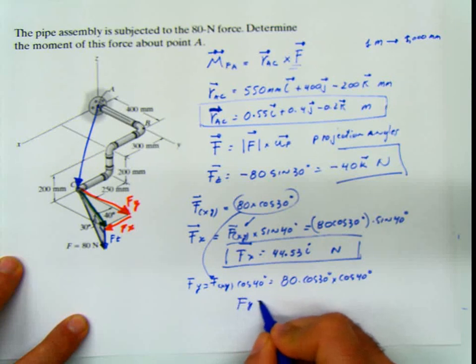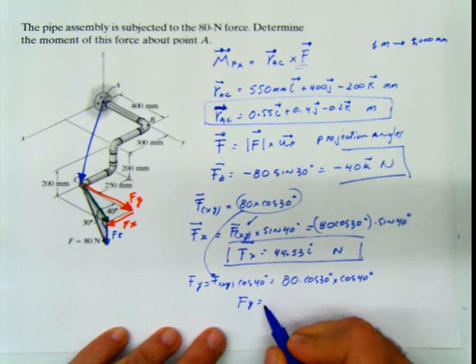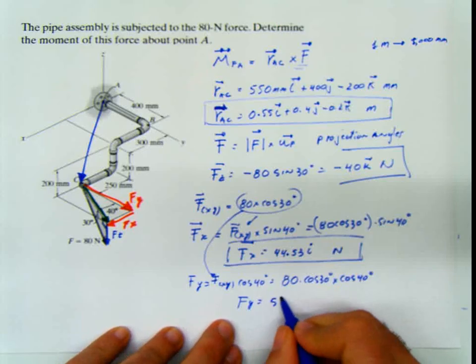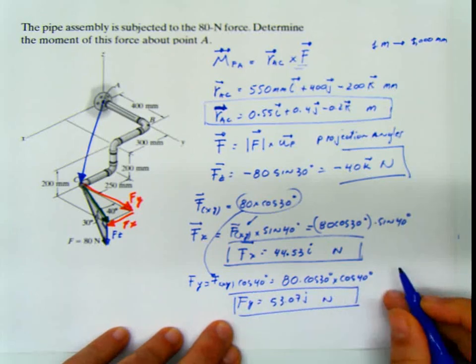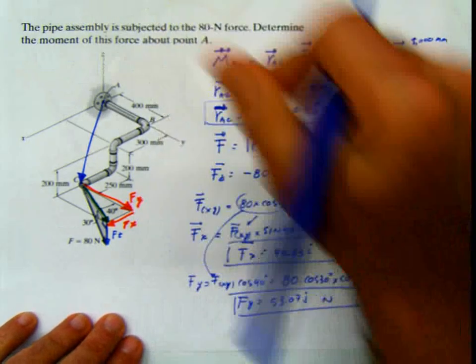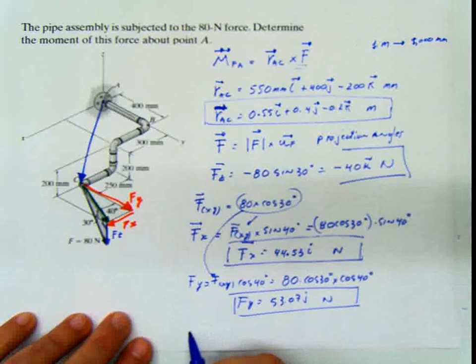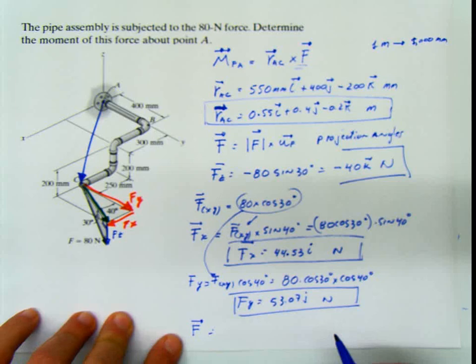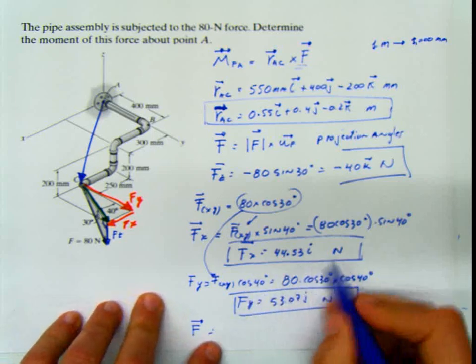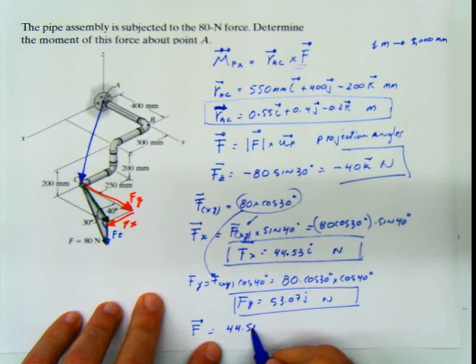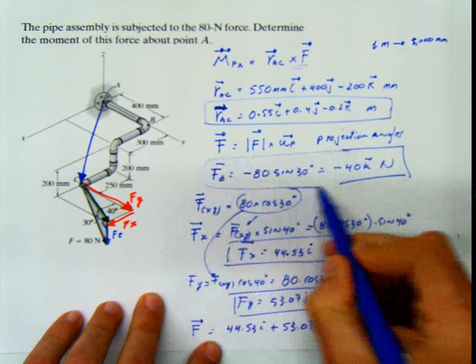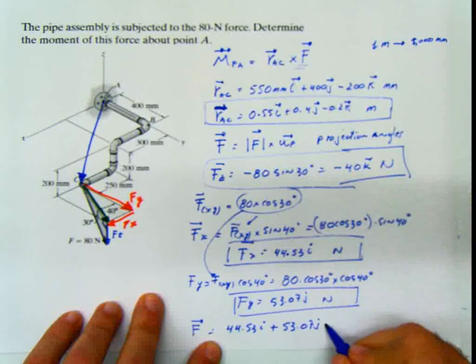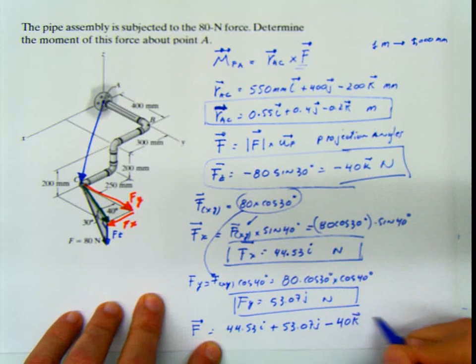Or Fy equal 53.07 J, and this is also Newton. At the end, we can say that our force F as a vector is no other thing than Fx, 44.53 in I plus 53.07 in J plus negative 40 K, and this is Newton.